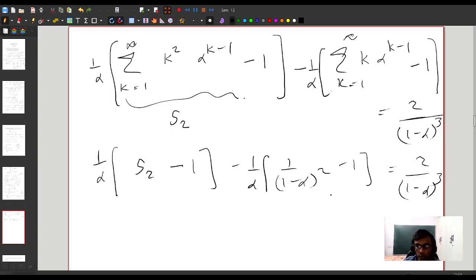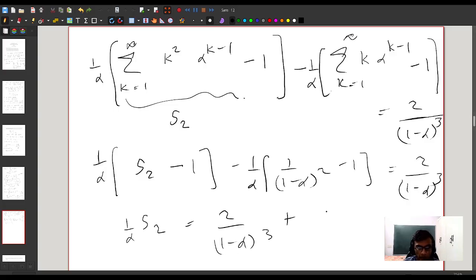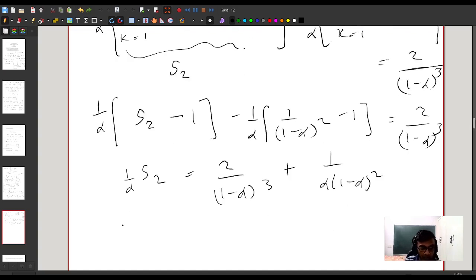So finally, what we have is, alpha over alpha, S2 is 2 by (1 minus alpha) cube plus... So S2 is then, let me just do it like this.